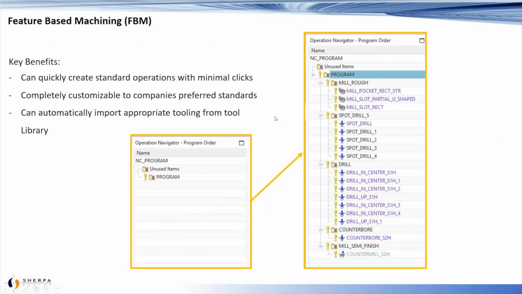The next part is feature-based machining. Siemens has been putting a lot of effort into feature-based lately, and so you're seeing the out-of-the-box processes really improving. With feature-based, you can teach it how to identify features. If you have a particular feature that you want to cut the same way every time, you can teach it.